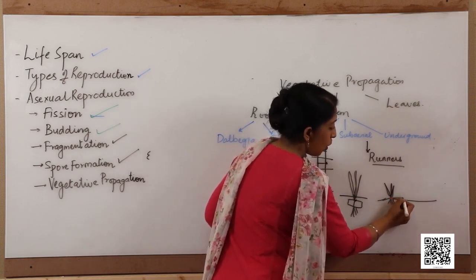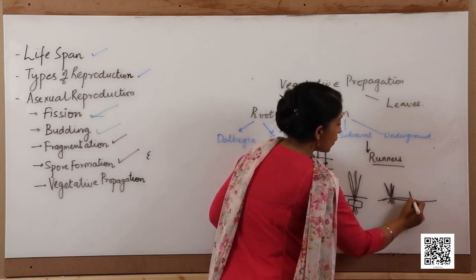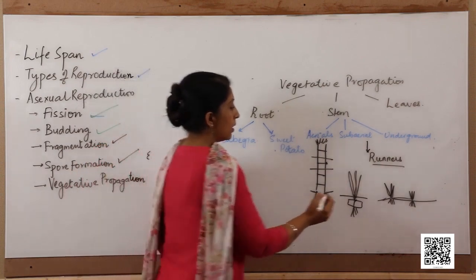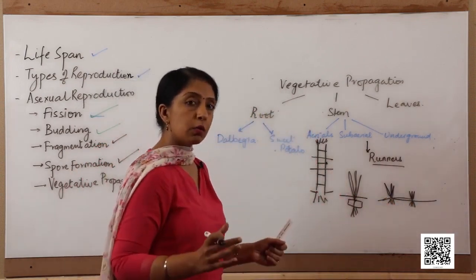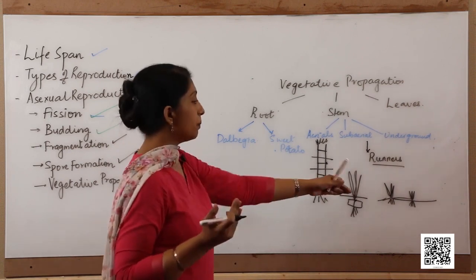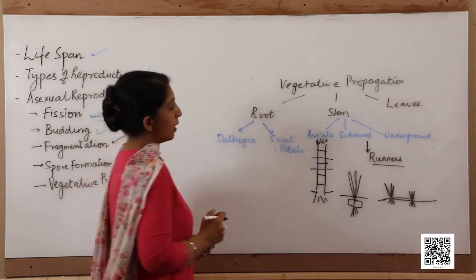This stem grows horizontally over a period, and then at one of its nodes, wherever soil conditions are favorable, it gives rise to another plant. Now, this portion can be 1 internode long, 2 internodes long, or more than that, depending upon the place where these grass plants or the runners are growing.